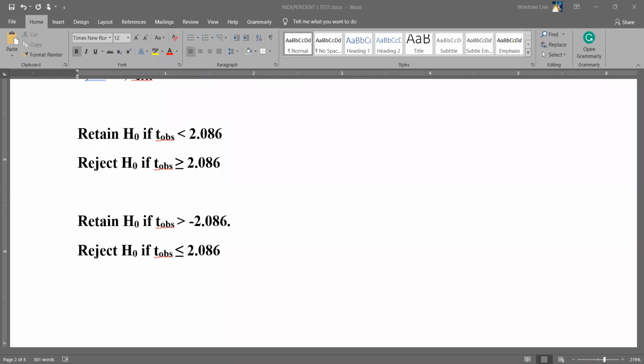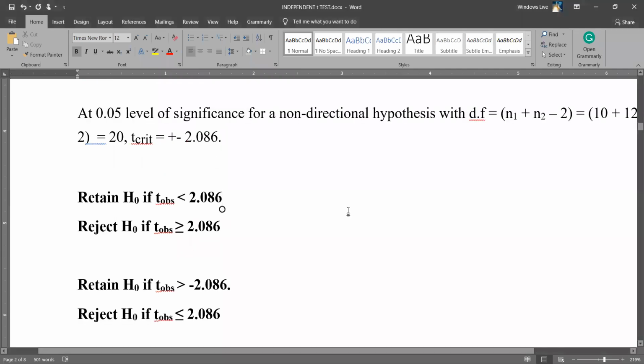Regina, sir, please, you said that T critical is 2.086, and the T observed is 2.086. Shouldn't there be any difference between the observed and the critical? Is there no difference between them? I am not getting your question.